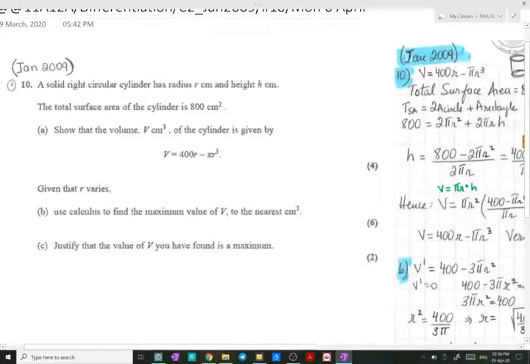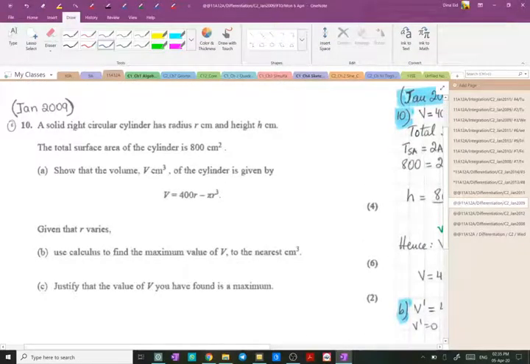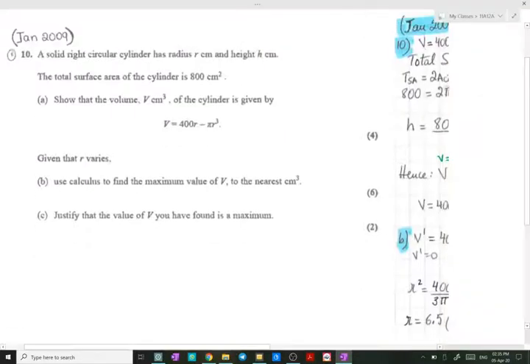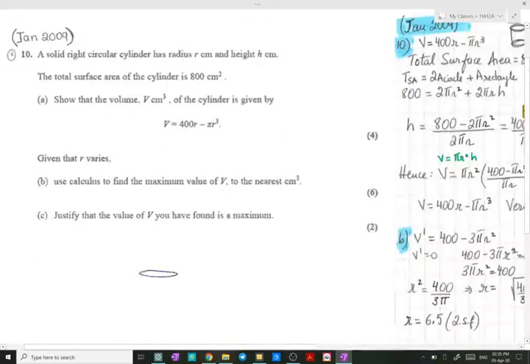So this is a circular cylinder whose height is h and its radius is r. The total surface area of the cylinder is 800.